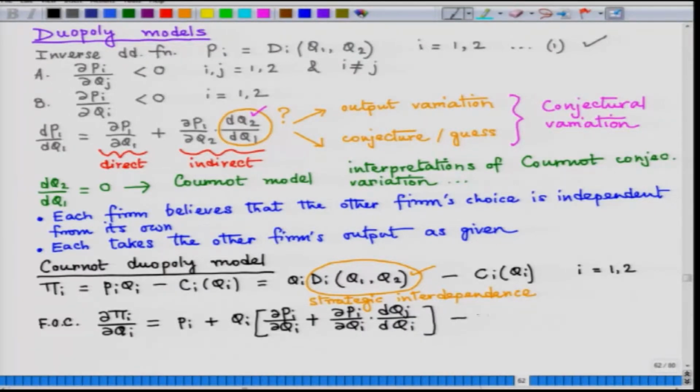Okay. And of course, we have this. So, this is my first order condition.